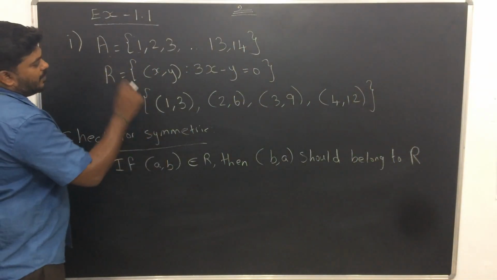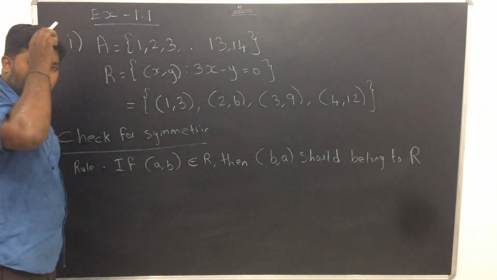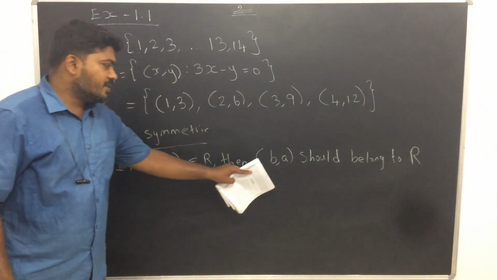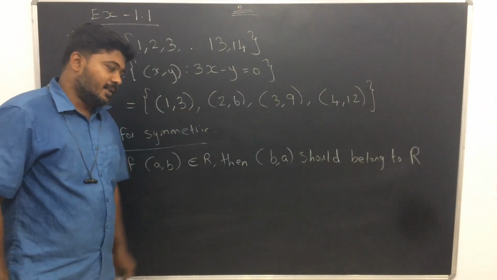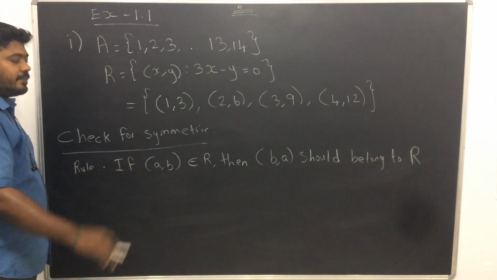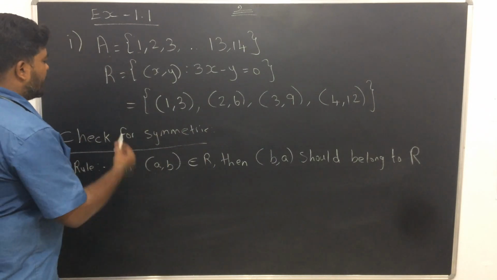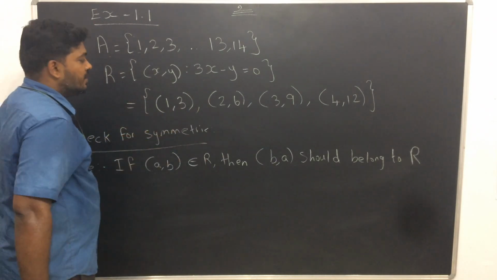If A comma B belongs to R, then we have to check for B comma A. If for every A comma B in R, B comma A is also in R, in that case that relation will be a symmetric relation.